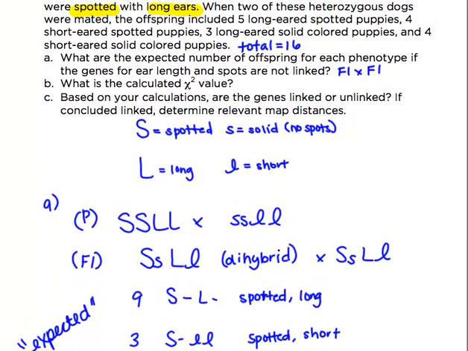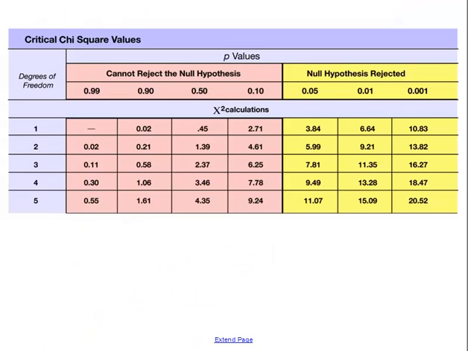Okay? It says, based on your calculations, are the genes linked or unlinked? If concluded that they're linked, determine relevant map distances. So first we have to look at a chi-square table, looking at the degrees of freedom of 3, and see where 11.11 falls. It would fall somewhere in here, which means that we would reject our null hypothesis.